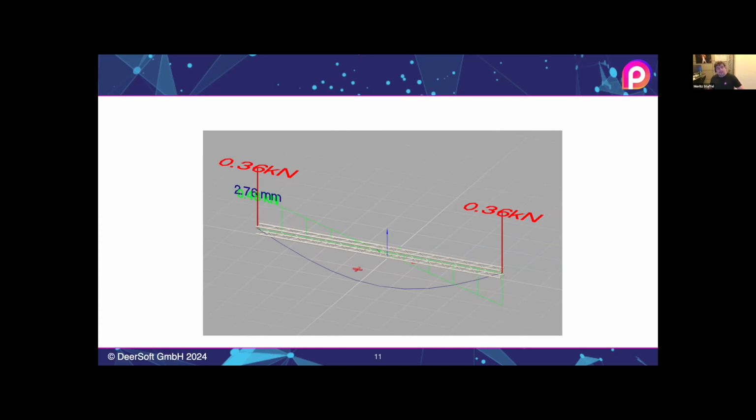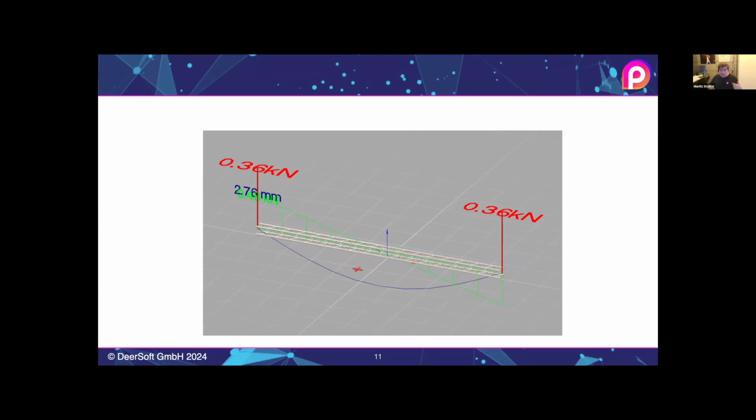You have left and right the forces that go into the roof or into the hoist, which are the same. And you see green is the line load, which is applied to it and is constantly changing over the truss. So that is basically pretty easy.